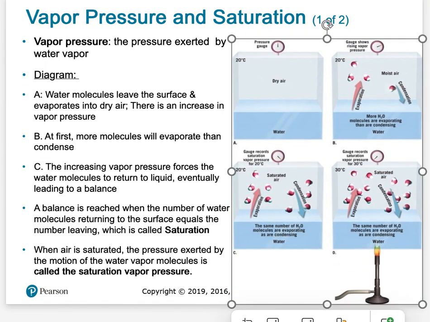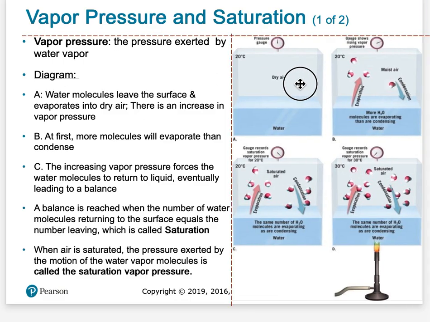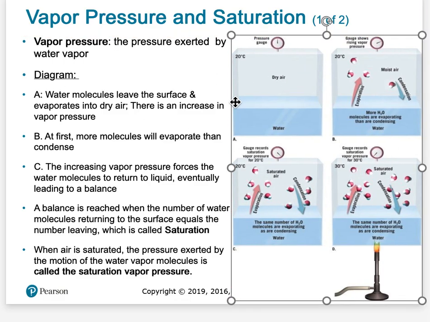Okay. So for vapor pressure, this is the pressure exerted by water vapor. So for diagram A, we could see that we have water and dry air in a closed container with the pressure gauge attached. So here we have the pressure gauge and water with dry air.